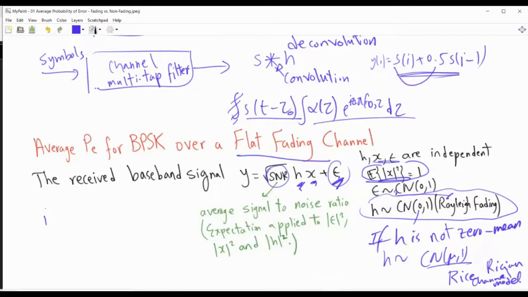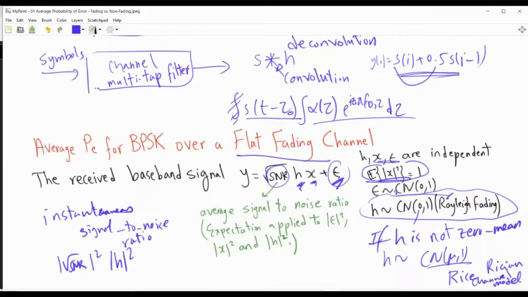Don't forget that there is also something called the instantaneous signal to noise ratio. In this model, the instantaneous signal to noise ratio is SNR magnitude H squared.